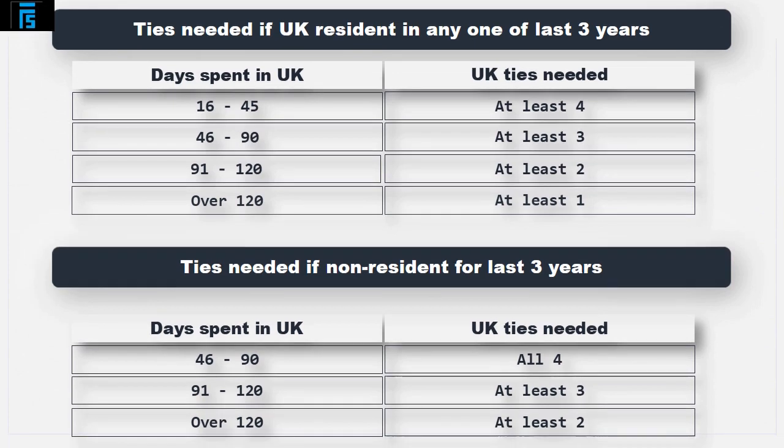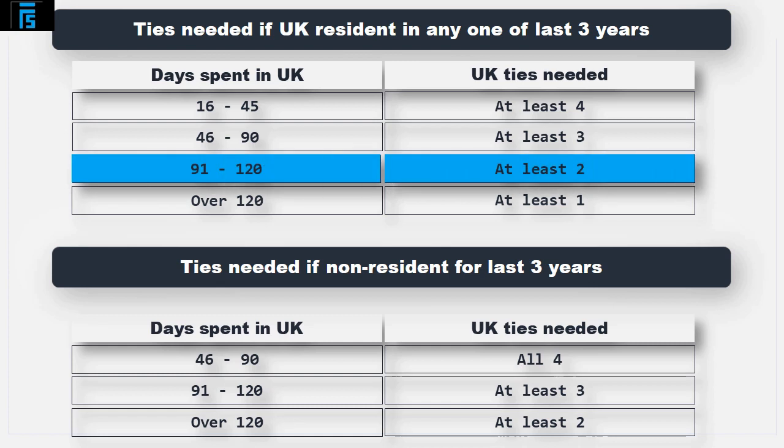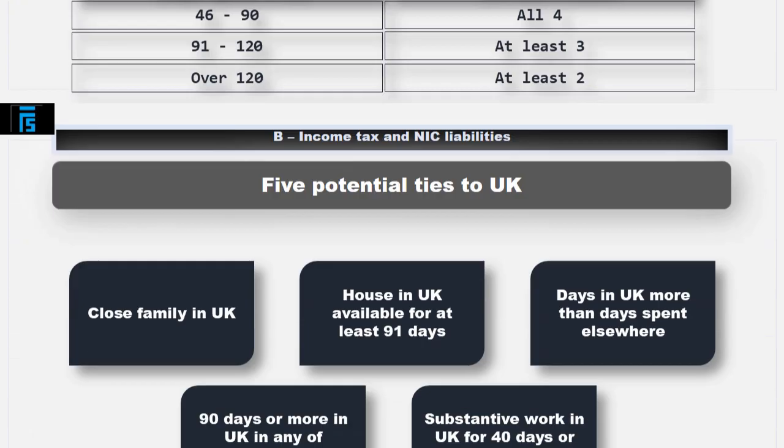This means we have to move on to stage 3 and consider Tom's ties to the UK and the number of days physically present. Looking at the table, Tom falls into the category of spending between 91 and 120 days in the UK and was previously UK resident. So, with 2 or more ties, he would be UK resident for the tax year under review.